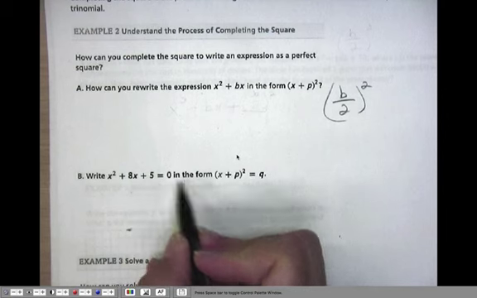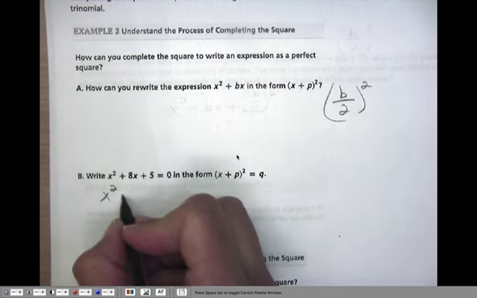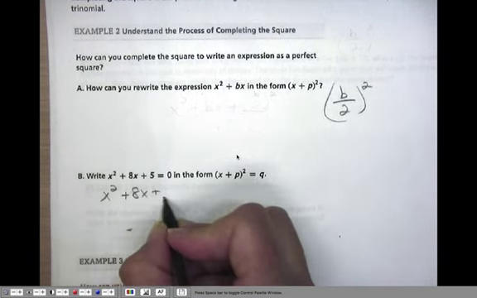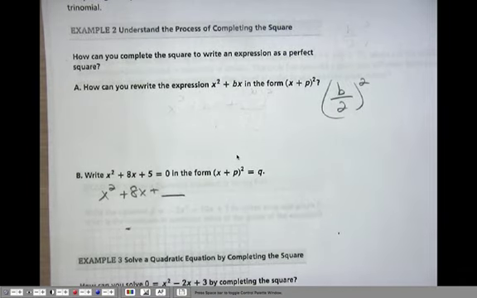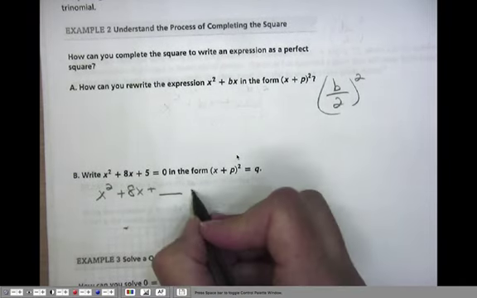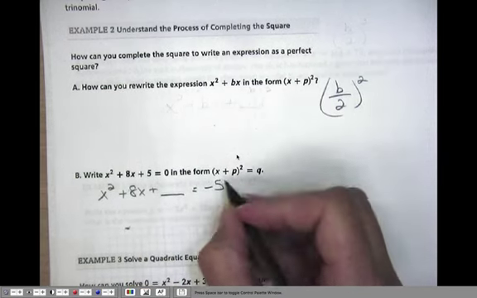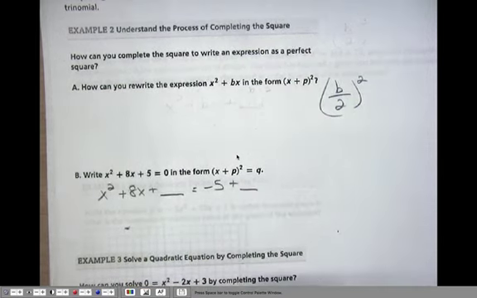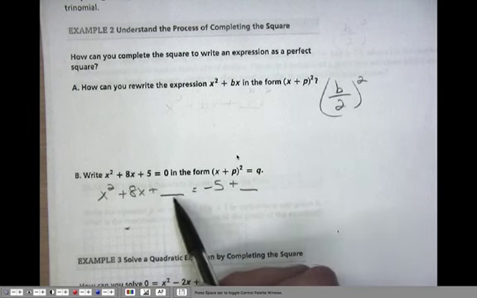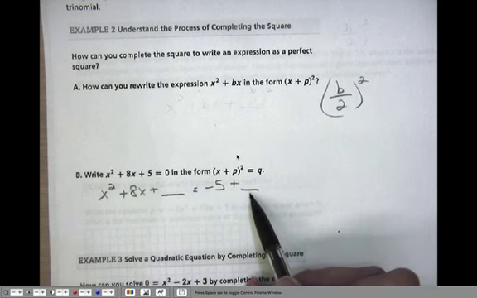I'm going to move the 5 over and have x squared plus 8x, and then I'm going to leave a plus blank in the space where the 5 was. When I subtract the 5 over here, I'll have negative 5, and then I'm writing down a plus blank here also, because if I'm adding a number here, whatever I do to one side of an equation, I better do to the other side.